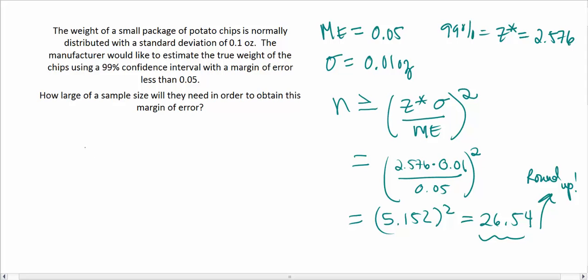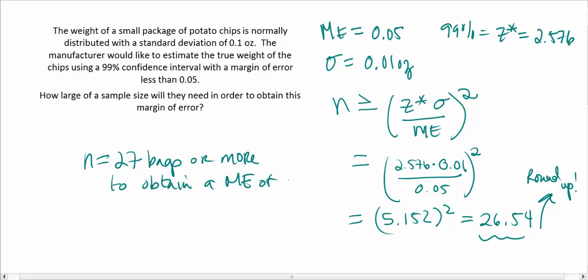So that means that we should have a sample size equal to 27 bags or more to obtain a margin of error of 0.05 or less.